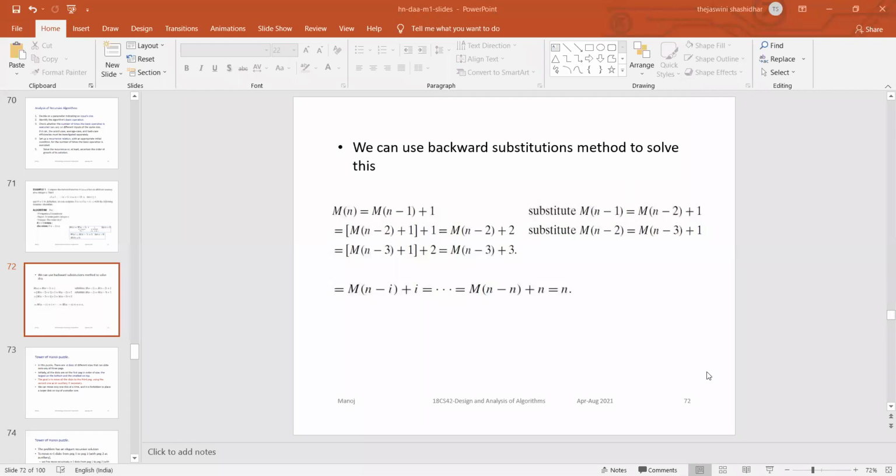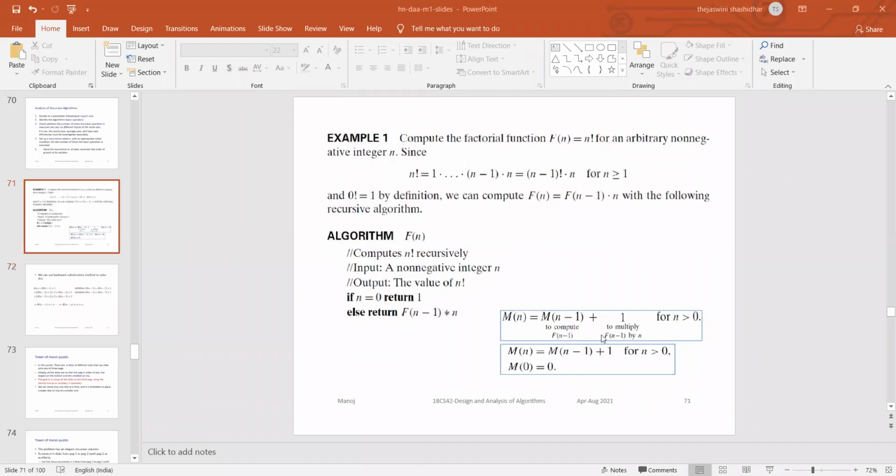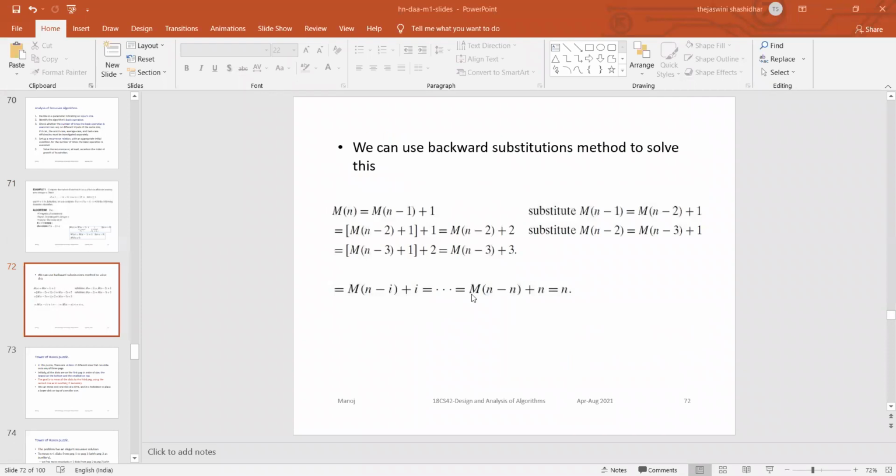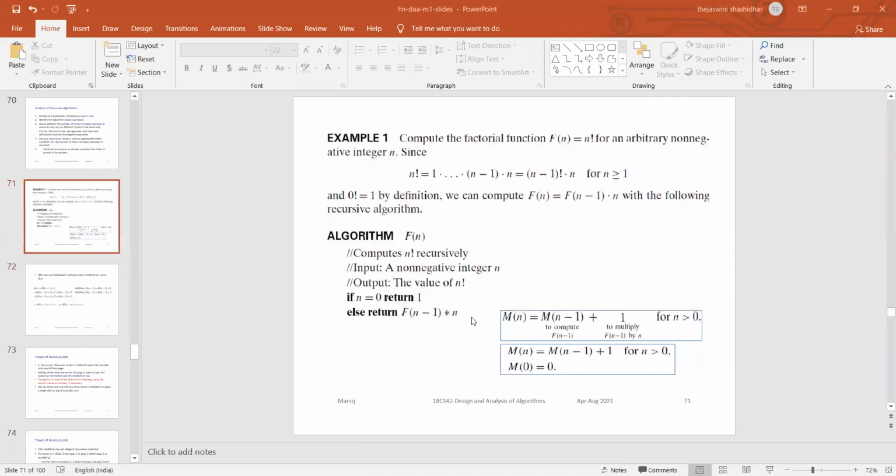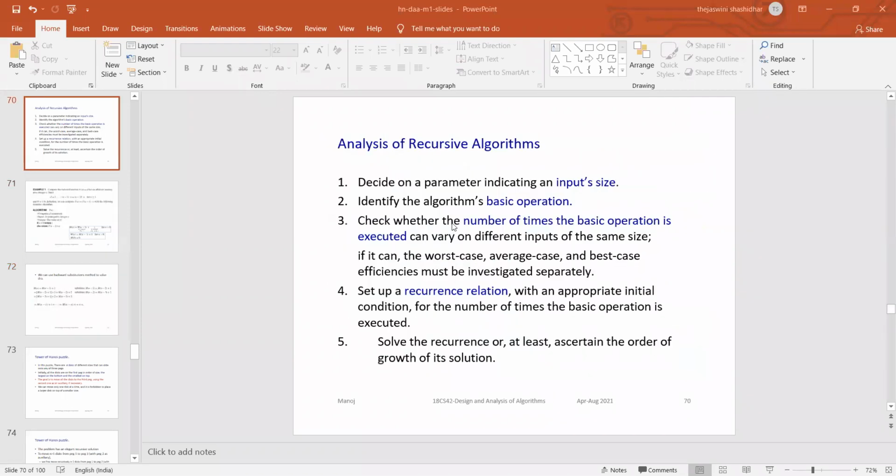Okay, so I take this one. This is the relation, and this one is the recurrence relation. So go step by step. First is the input parameter. Can you tell what the input size is? For the factorial, what is the input size? I want the answer now if you have understood.